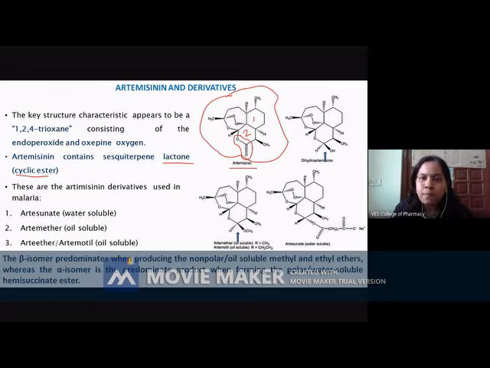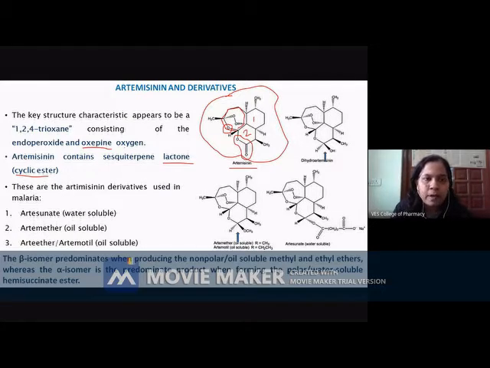And if you observe the next ring, the third ring, you will see that it is a 7-membered ring. 1, 2, 3, 4, 5, 6, and 7. It contains oxygen as a heteroatom. A 7-membered ring with oxygen is called an oxepine ring. A 7-membered ring with nitrogen is called an azepine ring.